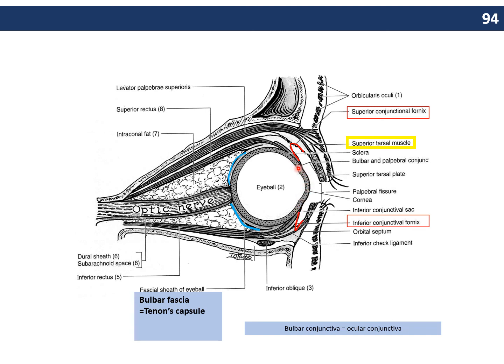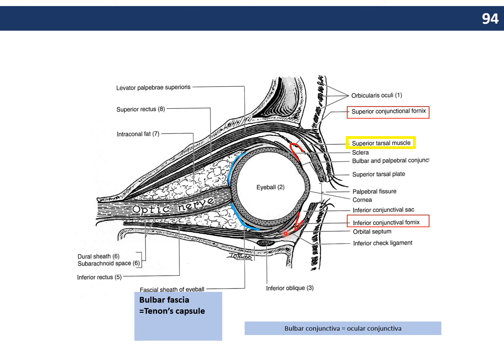The cornea is that transparent anterior 1/6 of the eyeball, and then posteriorly, the posterior 1/6 is made up of the fibrous sclera, the white part of the eye. The eyeball is held in place in part by this fascial sheath of the eyeball, but also the inferior check ligament.